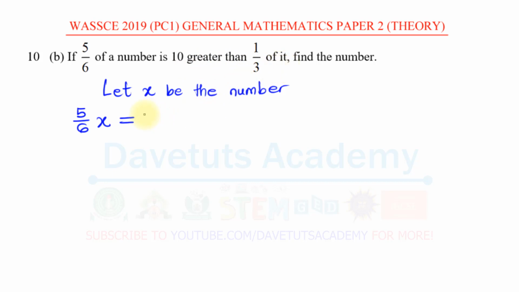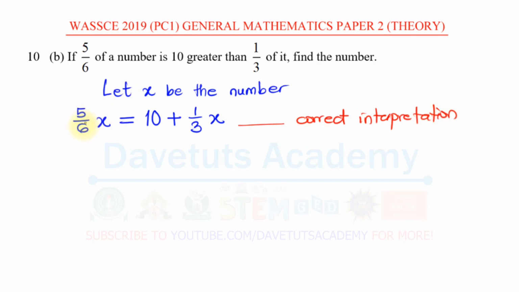So that will mean 5/6 of x is 10 greater than, addition of 10, to 1/3 of the number. This is the correct interpretation of the problem that we need to get first before we can even try to solve the question. Without getting this, there's no way we could find how to do this particular question.